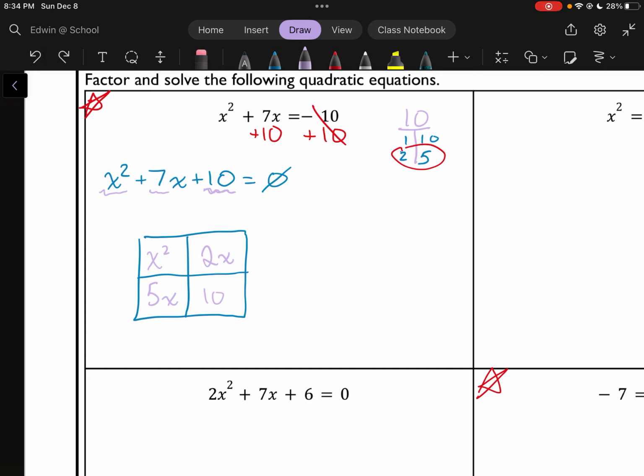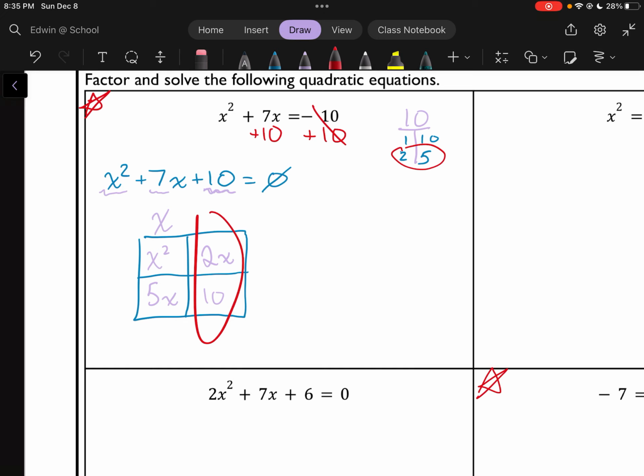But from this point, we want to find the greatest common factor for each column and row. So let's say we're going to work with this column. The question we ask ourselves is, what do they have in common? I see they both have an x, so we're going to factor out an x. We could divide both of them by an x. Now we move on to the next column. What do they both have in common?